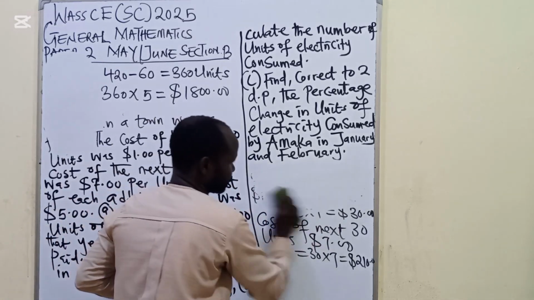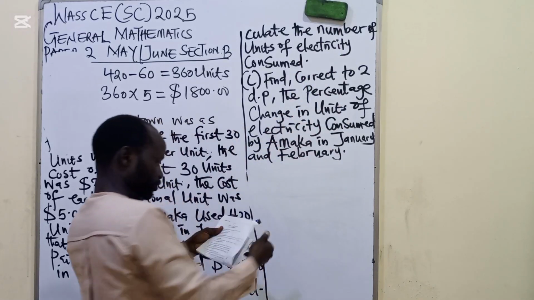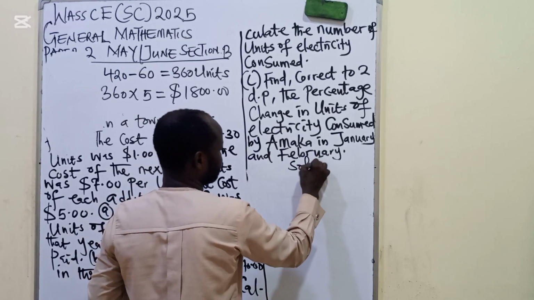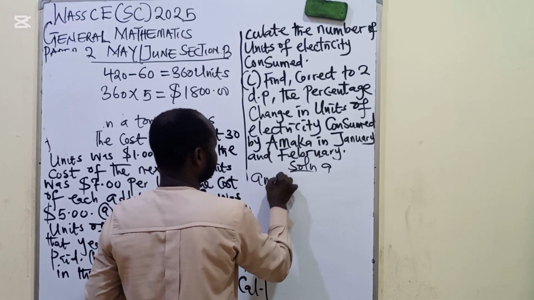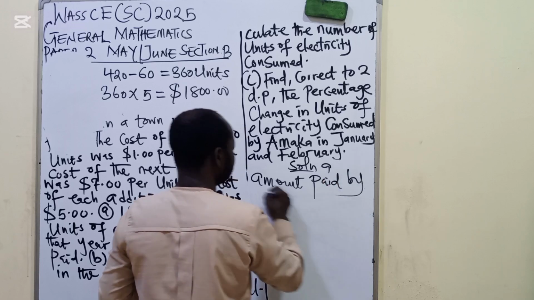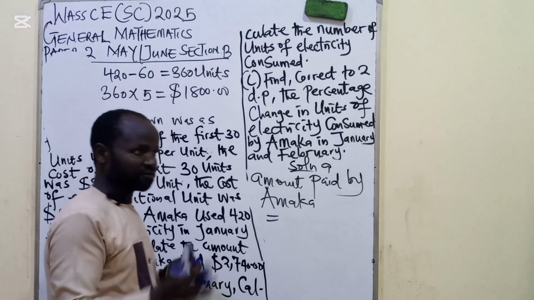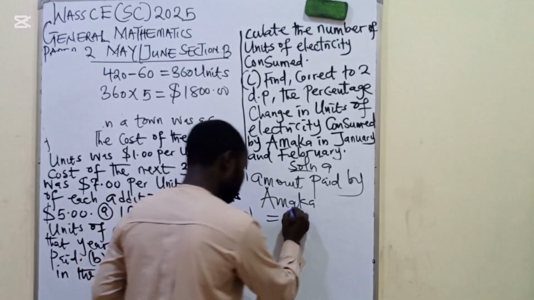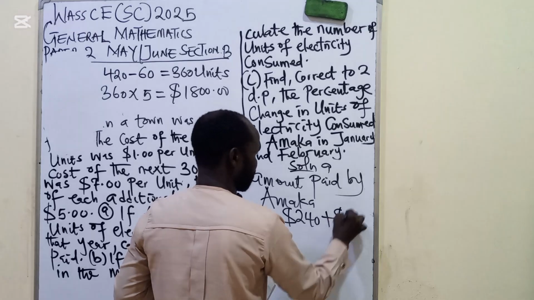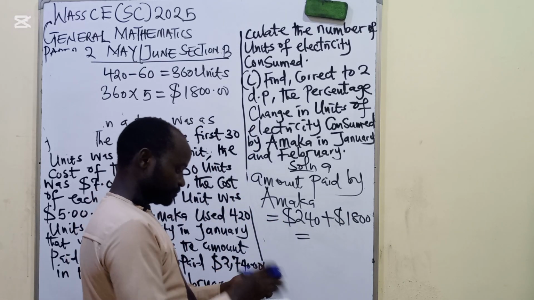So permit me to clean here. The question now says calculate the amount paid. This is the solution to A. The amount paid by Amaka is going to be the first 60 units, which is $240, plus $1,800. Let's add.